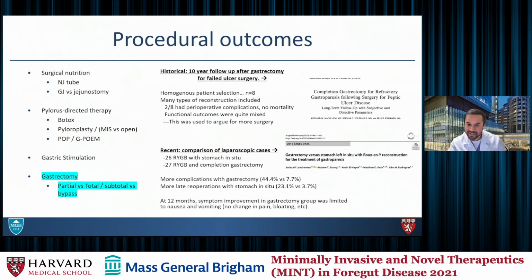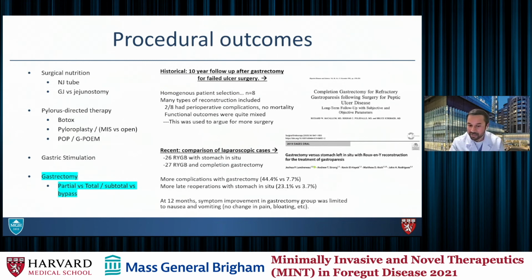There was no mortality, but the functional outcomes were quite mixed, though some of them did show benefits. And this was at the time used to argue that more surgery should be performed. More recently, in 2019, at the SAGES conference, as well as a manuscript published in Surgical Endoscopy, they looked at 2 different groups with Roux-en-Y gastric bypass, one with the stomach in situ and one where the remnant stomach was excised with a completion gastrectomy.